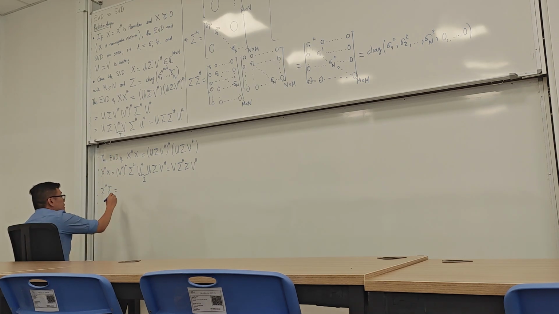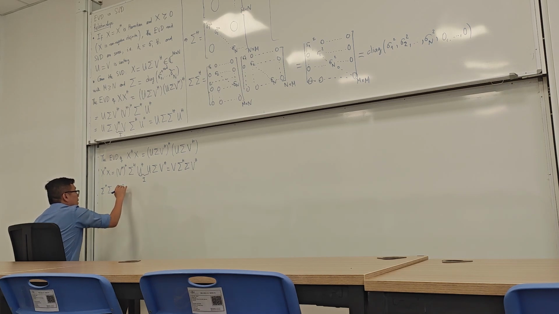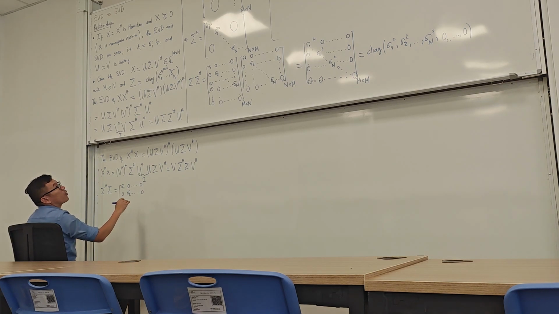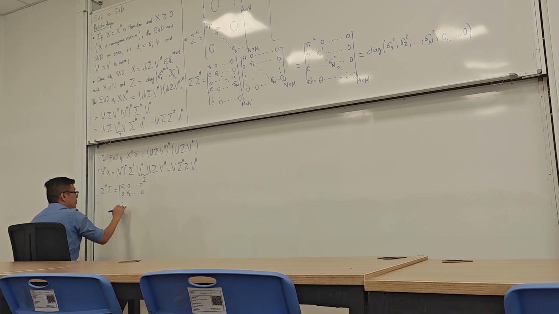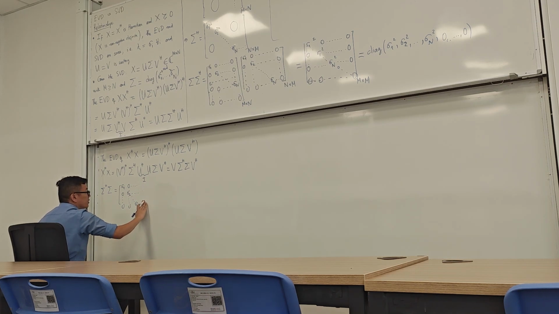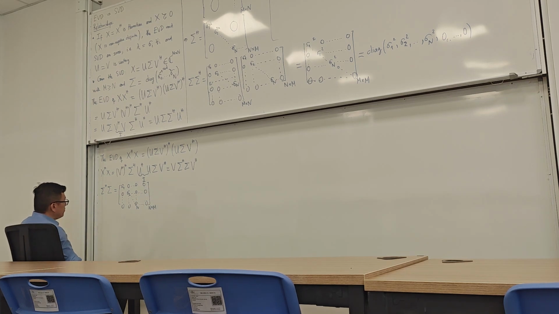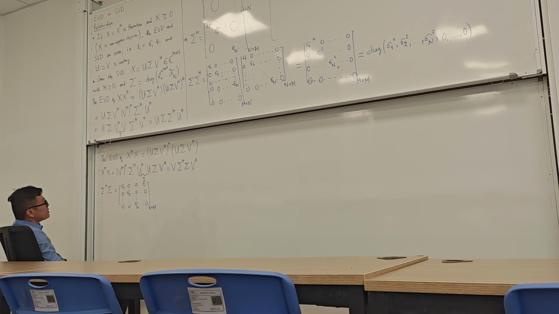You can imagine sigma Hermitian is sigma 1, 0, and so on to 0, then 0, sigma 2, and so on, going down until sigma n, and then all 0 here. That's n by m. Now times sigma.